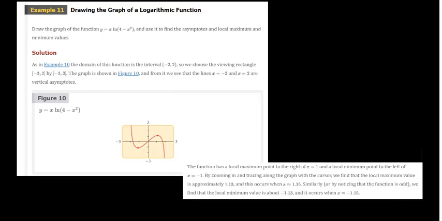Okay, so this particular example reads: draw the graph of the function y equals x times the natural log of 4 minus x squared, and use it to find asymptotes and local maximum and minimum values. So for drawing it, we're going to put this in a calculator. There is a way to draw this on our own, and it's actually pretty easy.